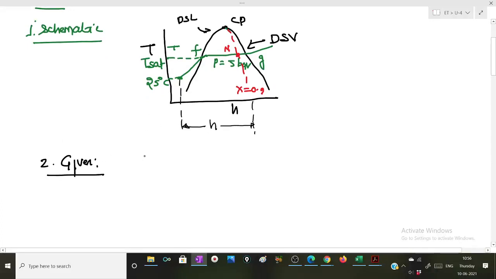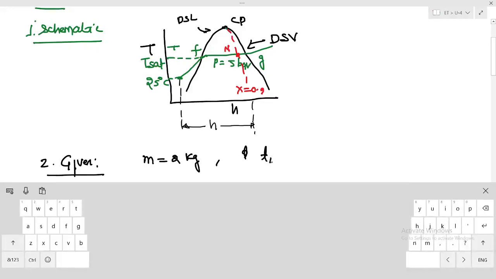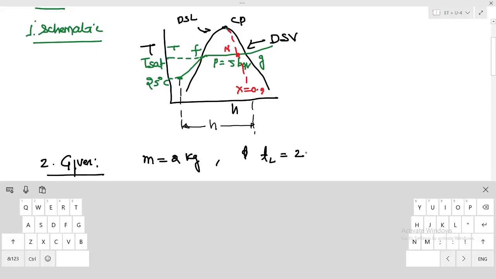So what is given to you? Mass of the water is given as 2 kg. So 2 kg of water will convert into 2 kg of steam. And temperature of the liquid water is 25 degrees Celsius.